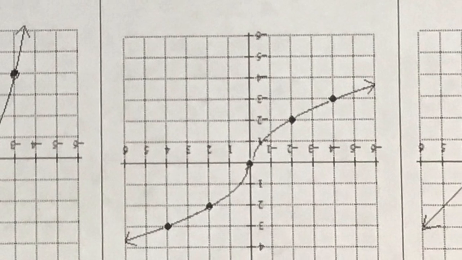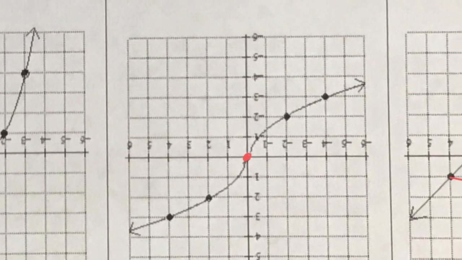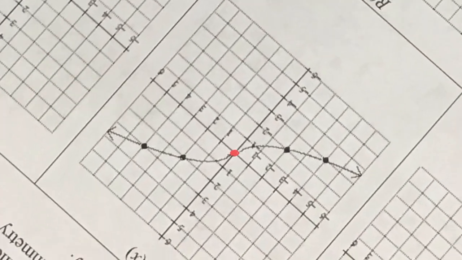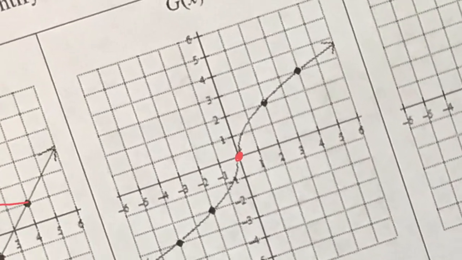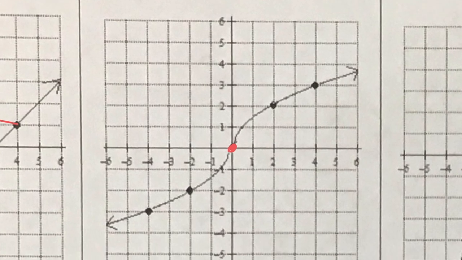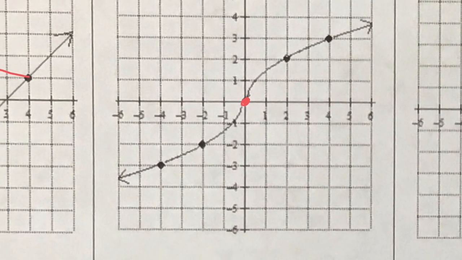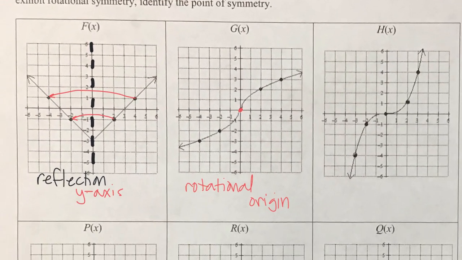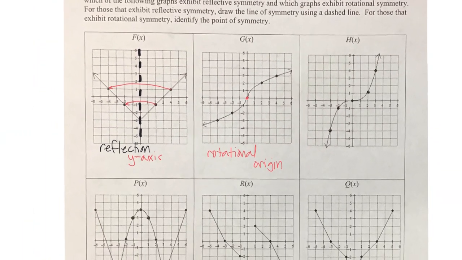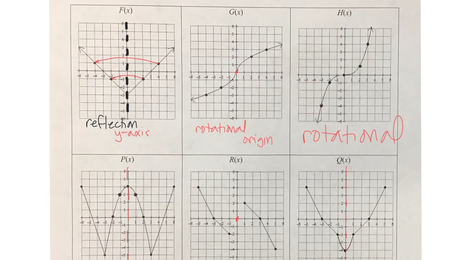Yes, it does. So this is our example of some rotational symmetry. And we're rotating this point right around the origin. If you keep your paper still and you spin it, we have rotational symmetry. So this one is rotational, and it's rotational about the origin. We can do a similar thing for all of these and talk about their symmetry.